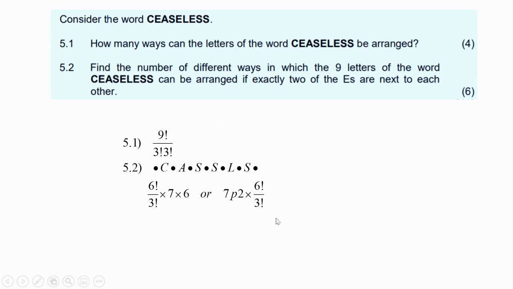Or if you're good with your language, you're going, okay, cool, I've got 7 slots and I need to arrange 2. The 2 things that I'm arranging are a double E and a single E. So it will be 7P2 times by my leftovers, 6 factorial divided by my 3 factorial.